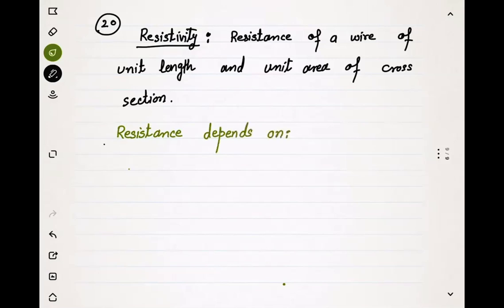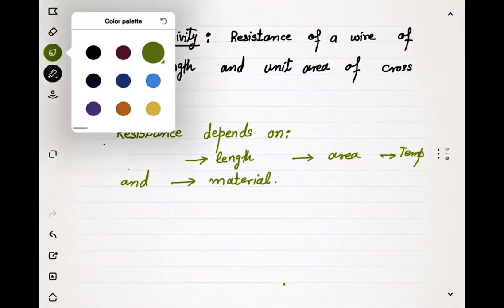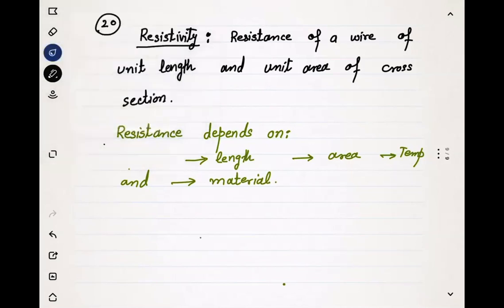The factors on which resistance depends are length, area, temperature, and the material of which the wire is made. These are the four factors on which the resistance depends. It depends on dimensions, length and area are the dimensions. Then it depends on the temperature and material.